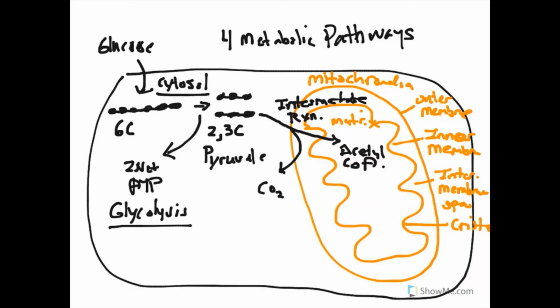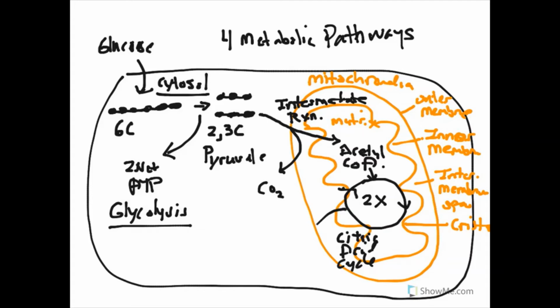Now, in the matrix of the mitochondria, there is a very crucial chemical process that occurs, and it occurs 2 times. This is going to take the acetyl-CoA and complete its breakdown, and it's called the citric acid cycle. Citric acid cycle, and it happens 2 times.